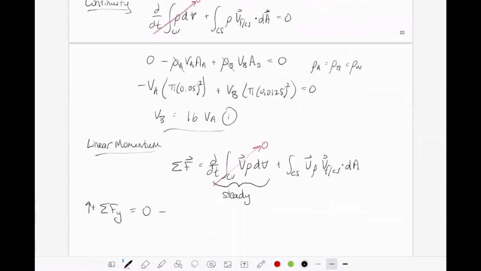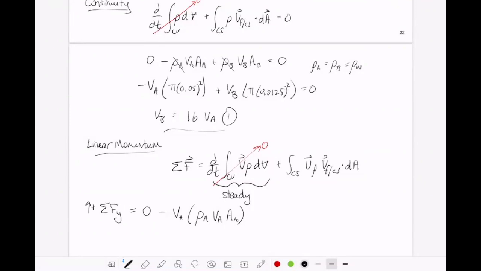So that's going to be minus our velocity at A times rho A, VA, area of A. So those velocities, we're assuming, are uniform, and they're already in the y direction, so all those components are already in the correct direction.